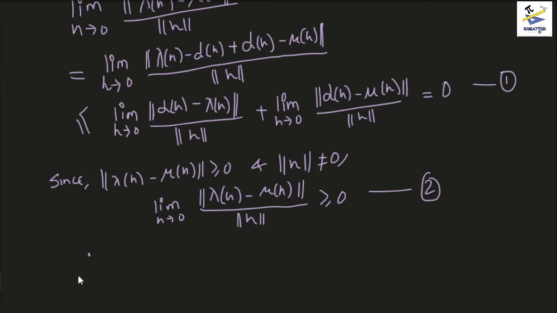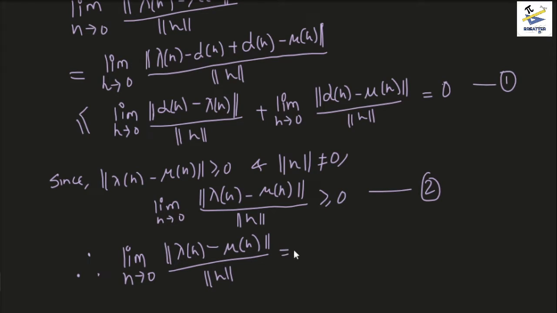Therefore, this gave us that the norm of lambda(h) minus mu(h) divided by the norm of h, as h tends to 0, is equal to 0.